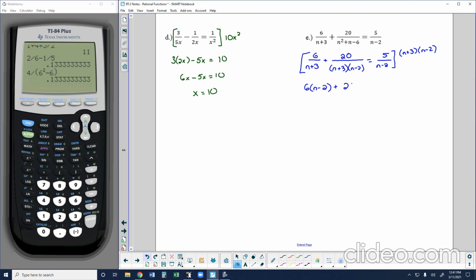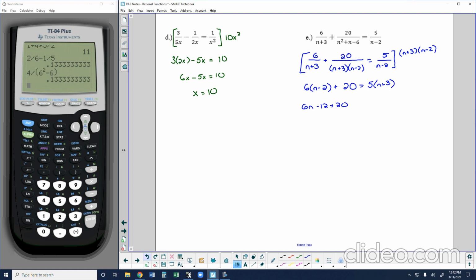Now I can simplify by distributing the coefficients of my binomials to get 6n minus 12 plus 20 equal to 5n plus 15. Combining like terms on the left side of the equation, I have 6n plus 8 equals 5n plus 15.